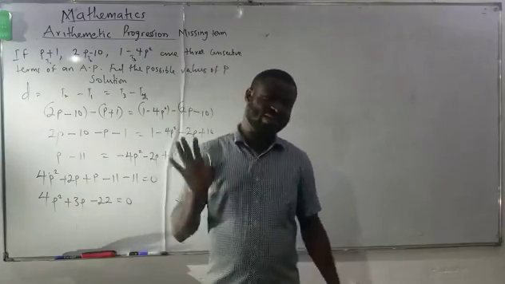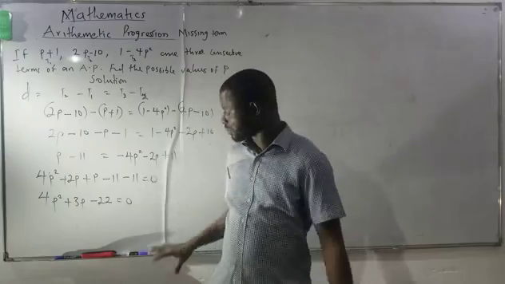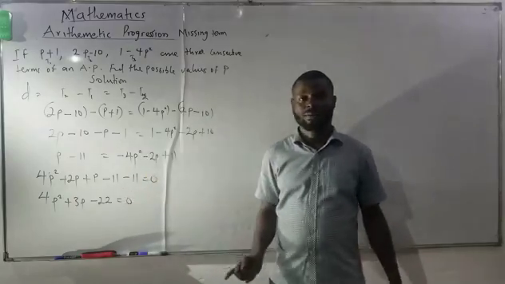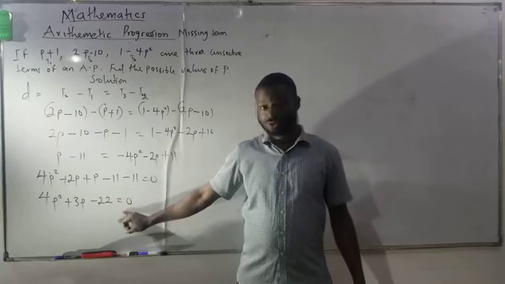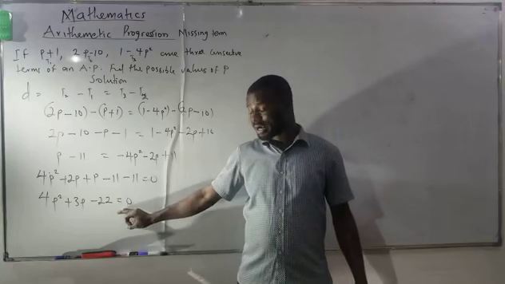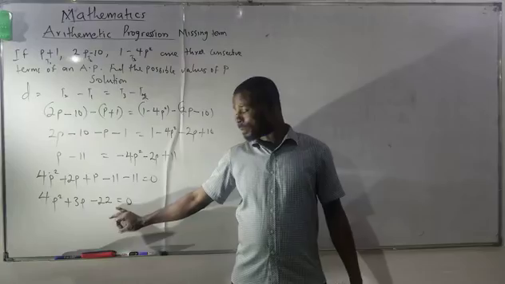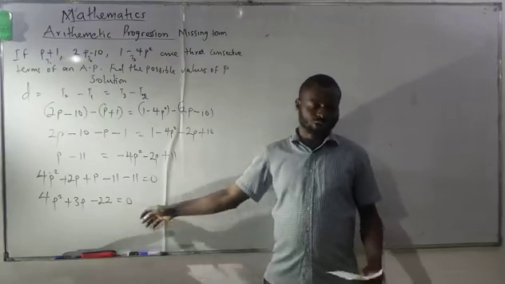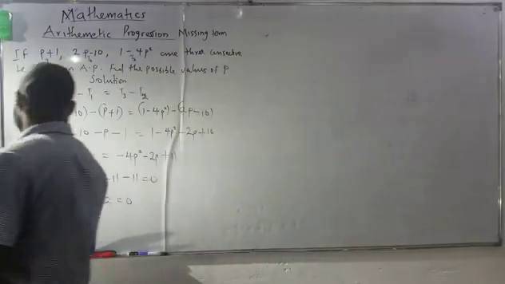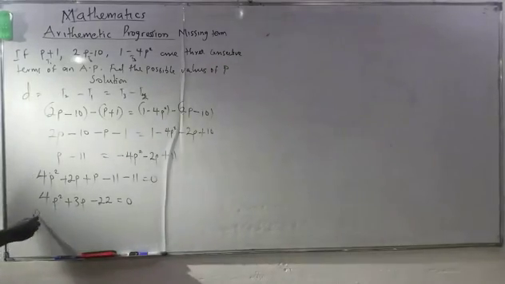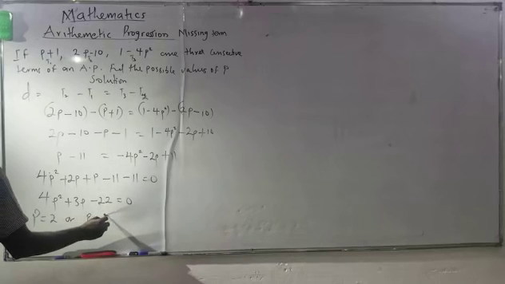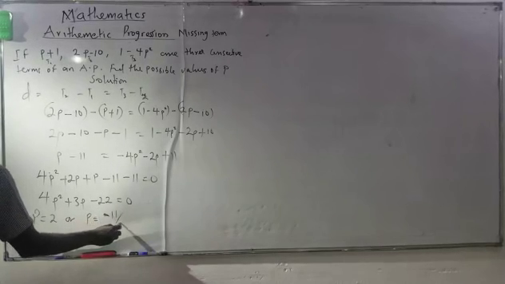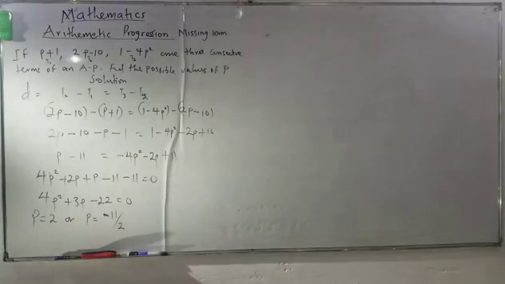There are methods of solving quadratic equations: graphical method, completing the square method, general quadratic formula method, and factorization method. Try to get it, and you should get P equals 2 or P equals minus 11 all over 4. Please try to attempt it, and you will see that you will get it.